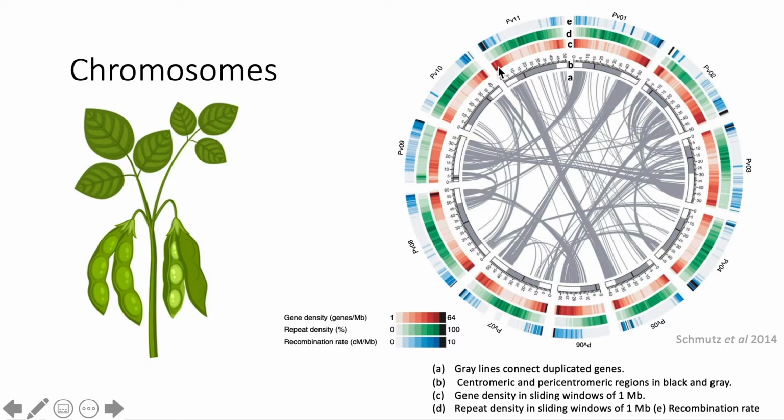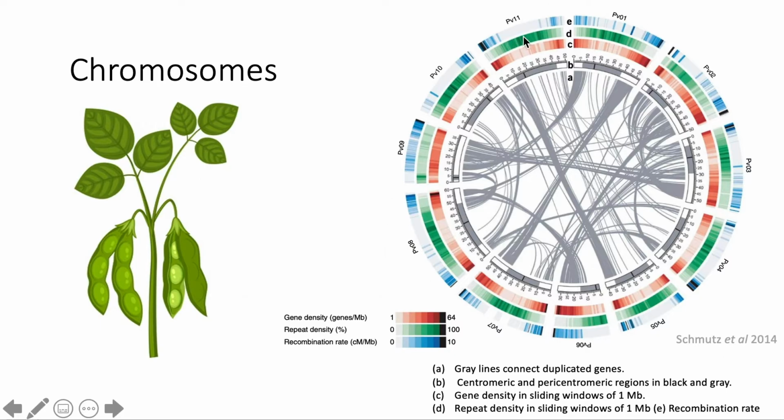The red color represents the gene density, and as you can see, the gene density is lower in the pericentromeric region, and that is the opposite of the repeat density. The repeat density is basically the repetitive or redundant sequences in the genome.